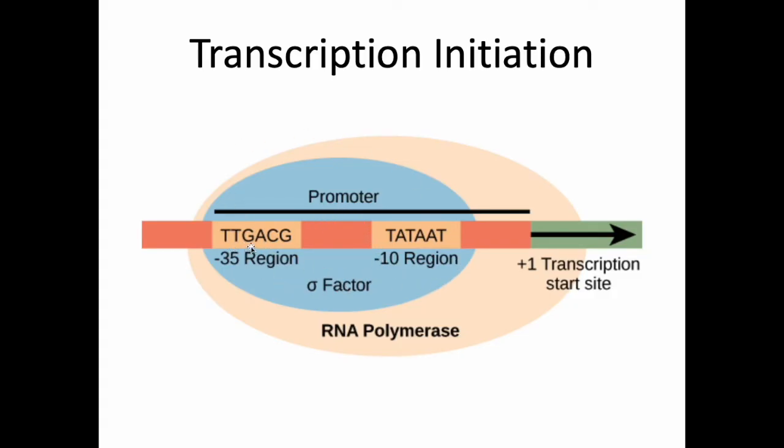You'll notice in this figure, the TTGA, CG, and so on. Don't memorize these exact sequences, but it is important to note that the promoter does have a very specific sequence. RNA polymerase knows what a promoter is and where the promoter is and how to bind to it because of the sequence that the promoter has. If the promoter did not have the correct sequence, RNA polymerase would not be binding to it.